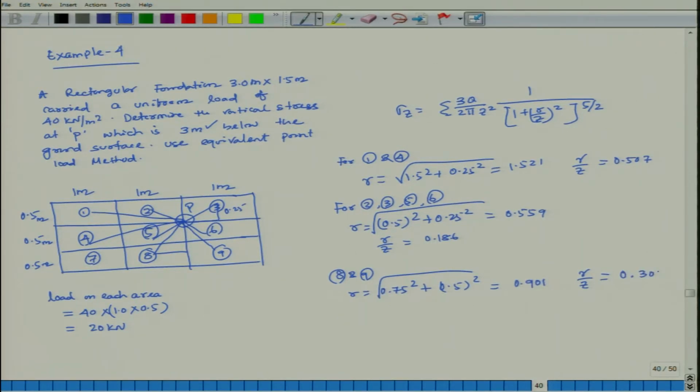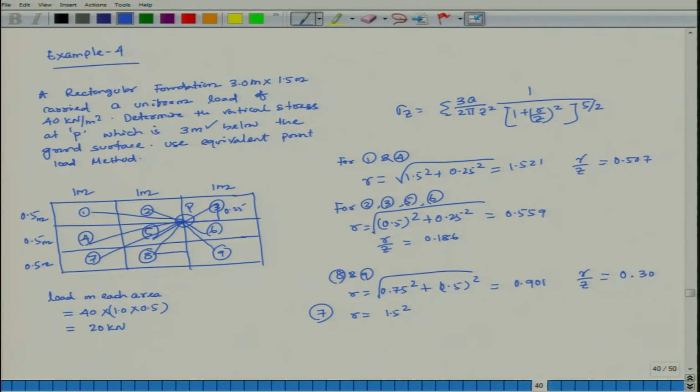Now come to point 7. Because 1 and 4 are identical, then 2, 3, 5, 6 are identical, equidistant from point P, and 8, 9 are equidistant from point P. Similarly for point 7, draw a line here. For point 7, r is equal to 1.5 squared.